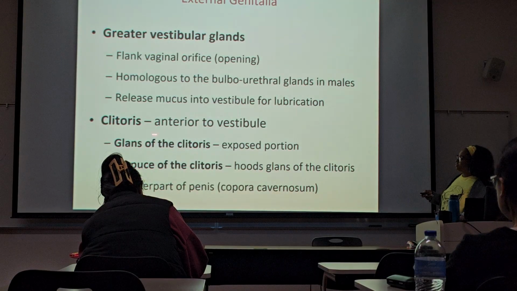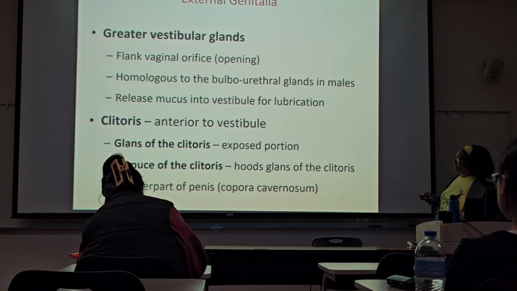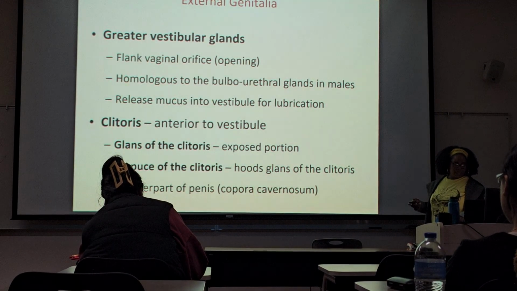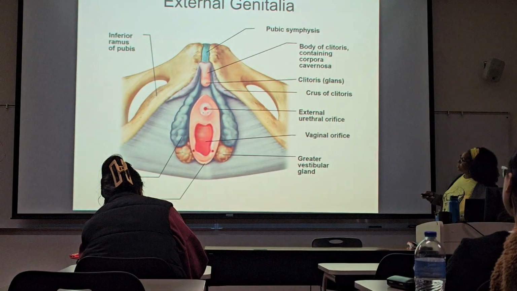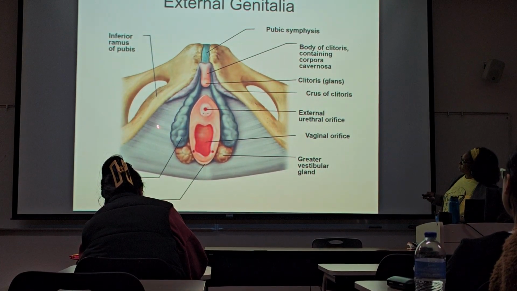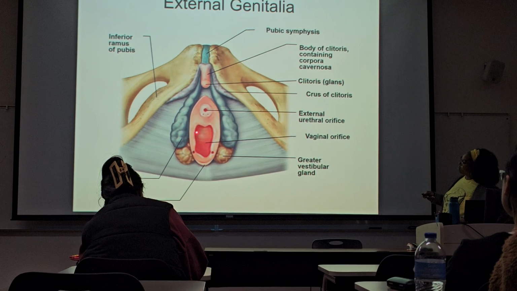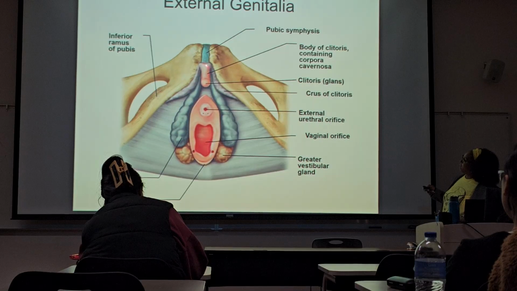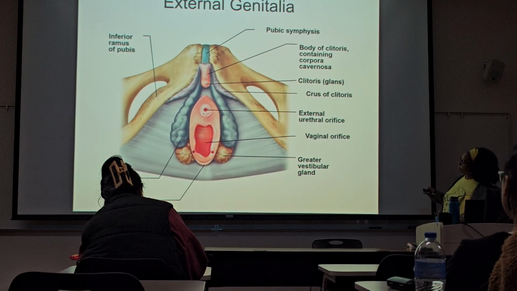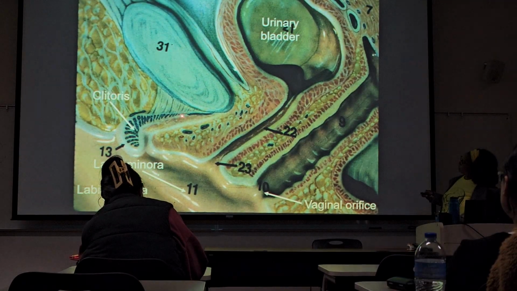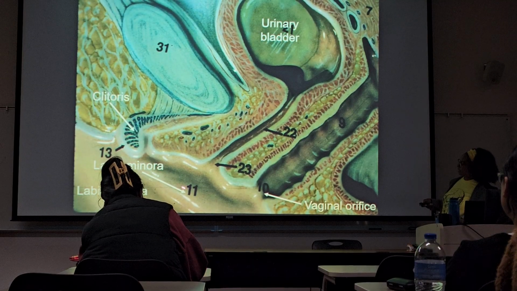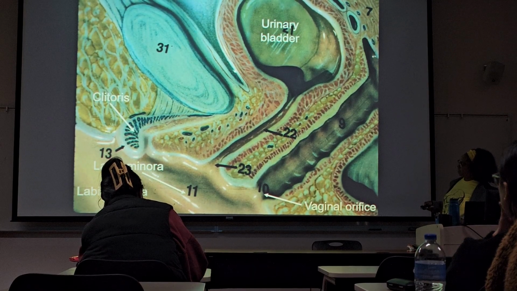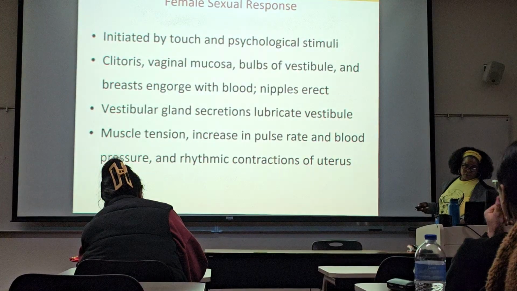And then the clitoris is erectile tissue, again, that is comparable to the glans penis in males. So the vaginal orifice, the urethra, and the clitoris. Those structures here with labia minora and then the larger outer labia majora.